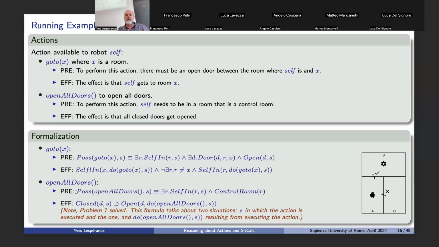Similarly, for open all doors, we can say open all doors is possible in S if the room that the agent is in S is a control room. Actually, it should say control room RS. So there's a typo here.